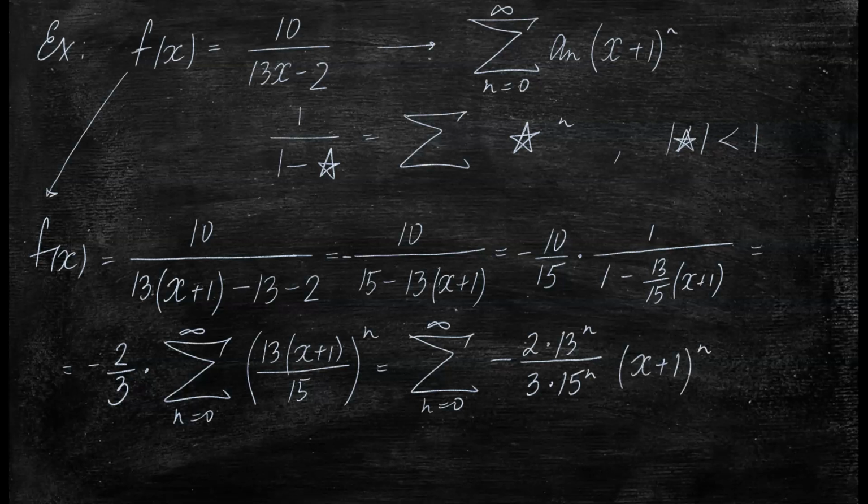And now we wrote the same function as a power series centered at negative 1. So again, it's important where the power series is centered, and as you could see, the same function can be expressed as two different power series depending on where you center it.